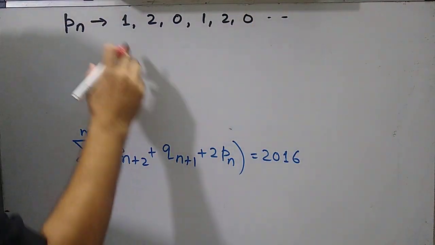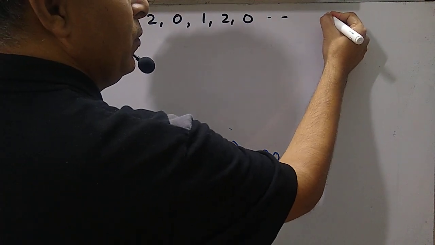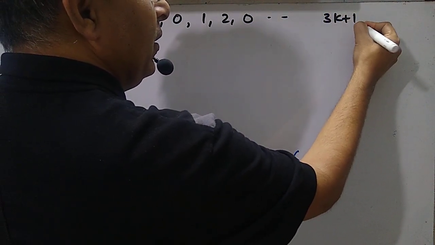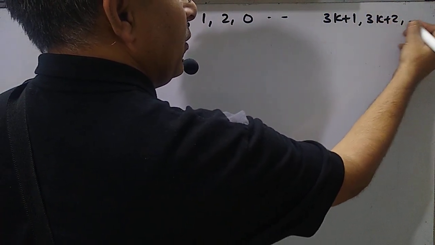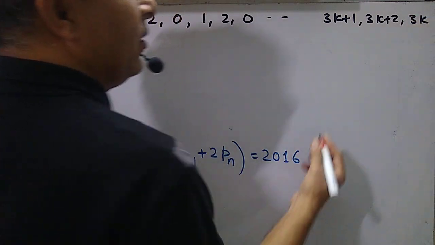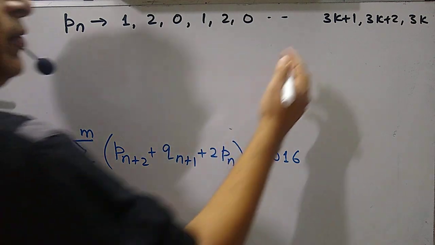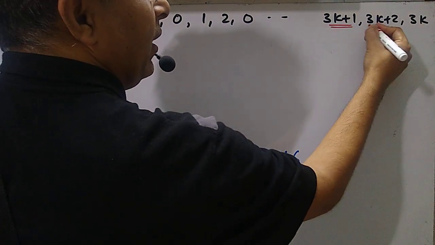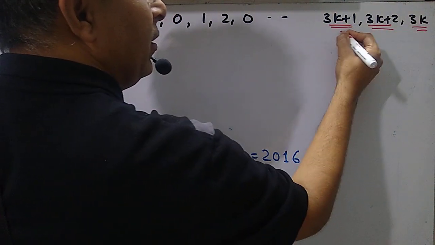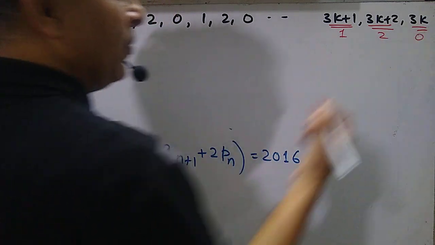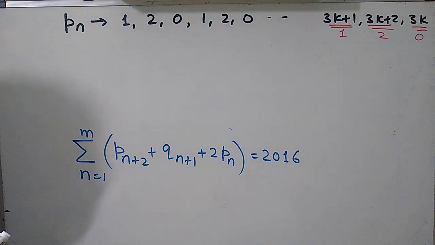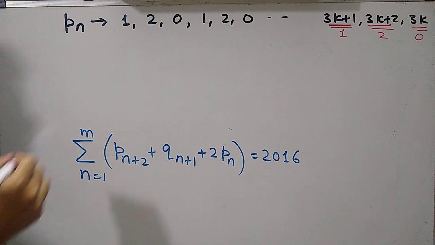And we are getting these forms with respect to 3k plus 1, 3k plus 2 and 3k. If 3k plus 1 is divided by 3, we are getting remainder 1, and remainder 2 and remainder 0.